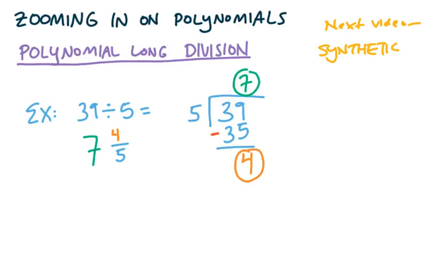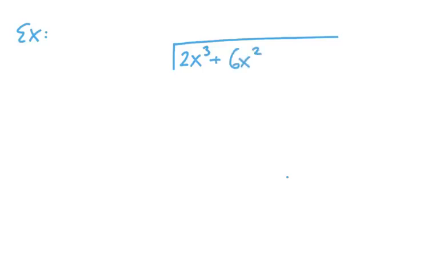Let's look at one example of doing this process with polynomials. I'll begin with the polynomials already set up in the long division format, to save that step. Let's say we were asked to divide 2x cubed plus 6x squared minus 5x plus 1 by x plus 3.